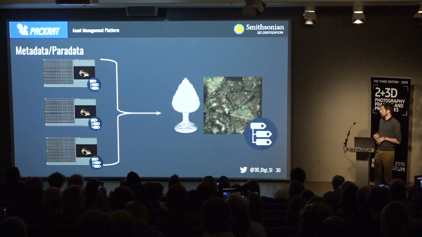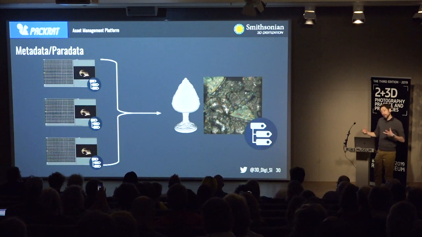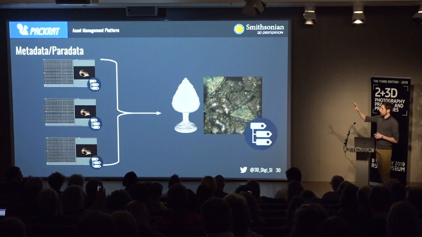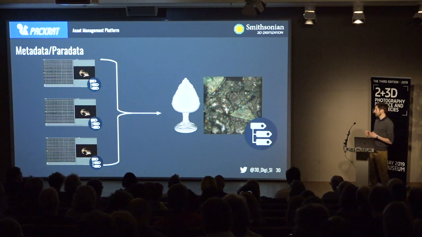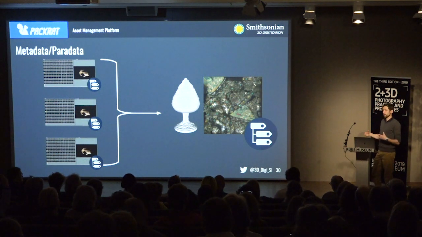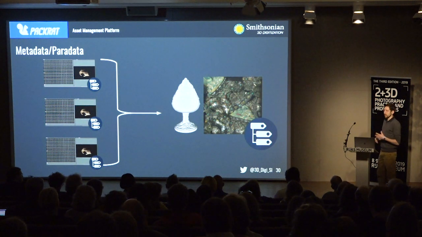So for the data sets, for the image sets, we're collecting any capture event information. And then for the models, we're tracking what data sets go into their creation, as well as what processing actions created those models. This is super important. Anytime you're looking at a reality capture 3D model, there's a lot of interpretation you're not necessarily seeing.